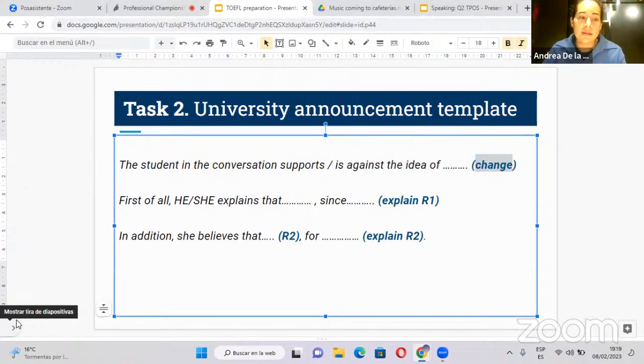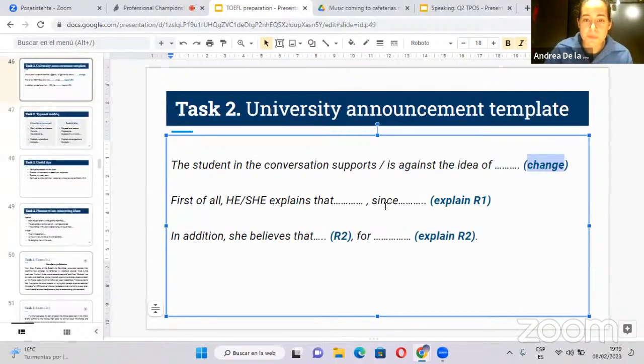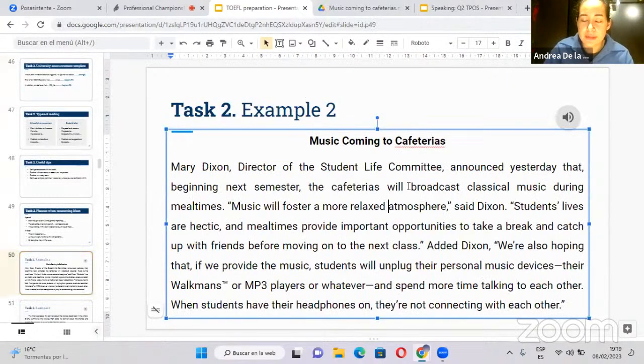Broadcasting music in the cafeteria, right? We go back to the text. We have the cafeterias will broadcast classical music. So the key verb will be broadcast. And if you don't want to say that, you can say play, right? The student is against the idea of playing classical music during meals. So that would be one thing that you have to be careful with.